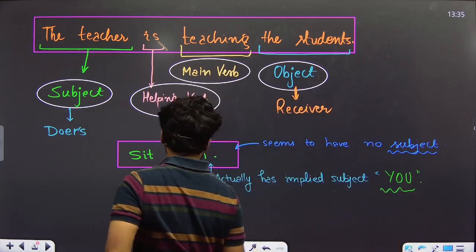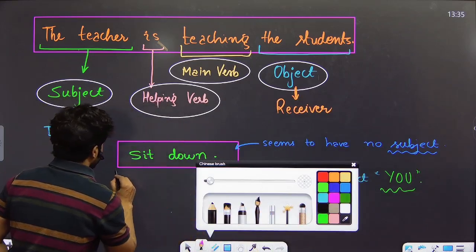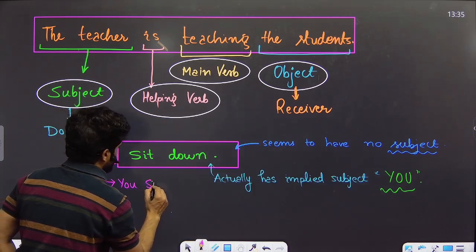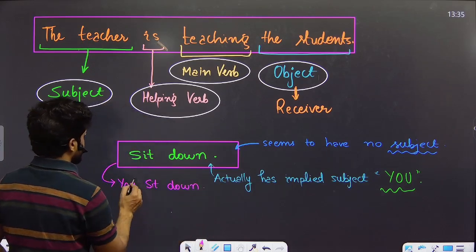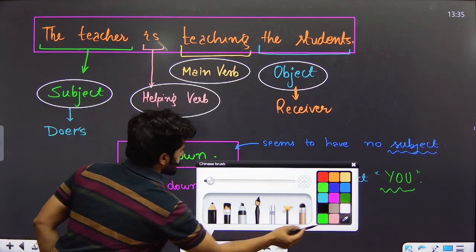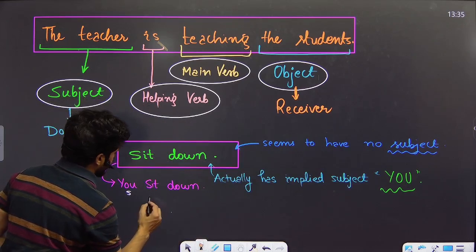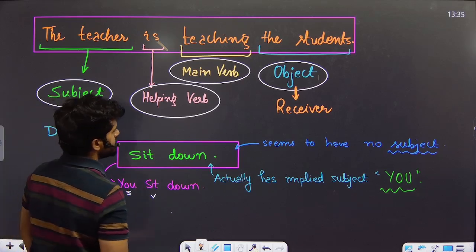Okay, so what do you say to this one? You will say, you sit down. Okay, so here the one which you are observing is your subject, sit will be your verb. You sit down, the subject and verb are present here.